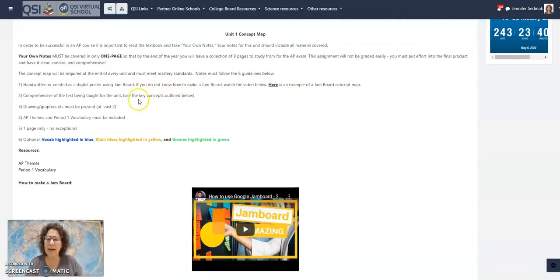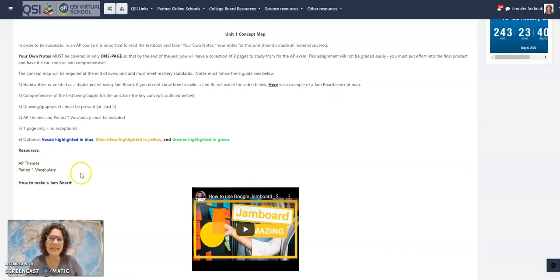On your concept map, it should be comprehensive of the time period that's taught. There should be at least 2 graphics. The AP themes and vocabulary should be represented somehow on the concept map. It would probably be good if you highlighted the different vocabulary in blue, the main ideas in yellow, the themes in green. You can click on these links below to get access to the AP themes and the period 1 vocabulary.